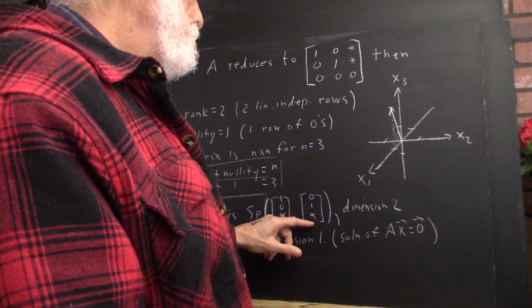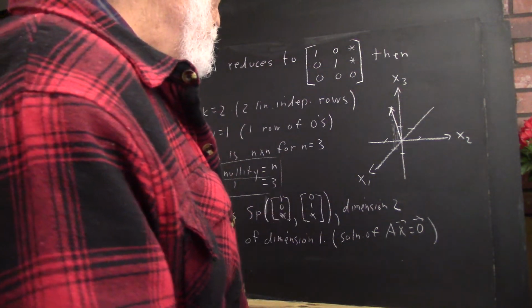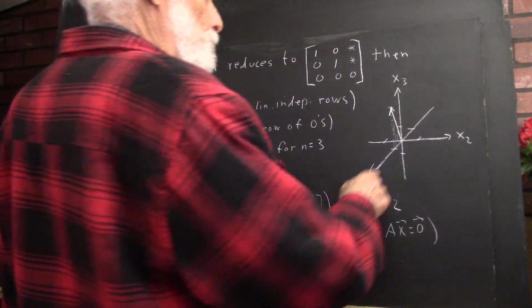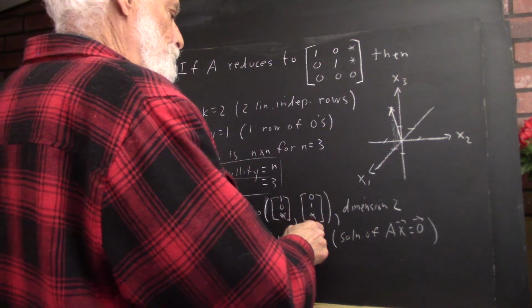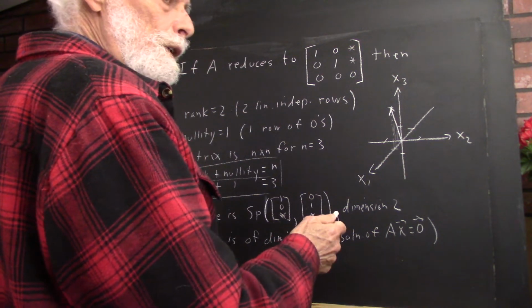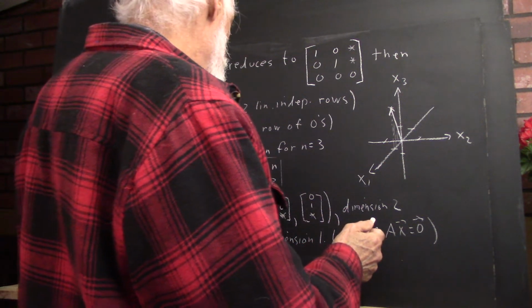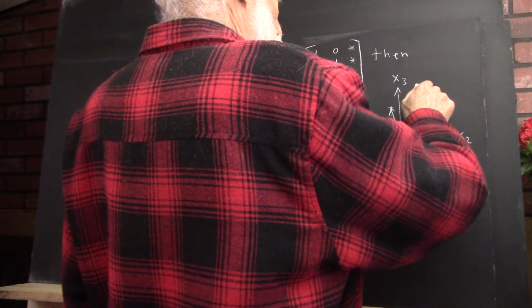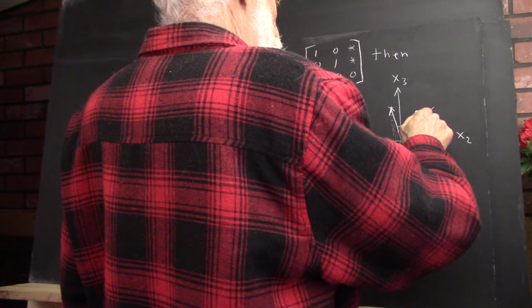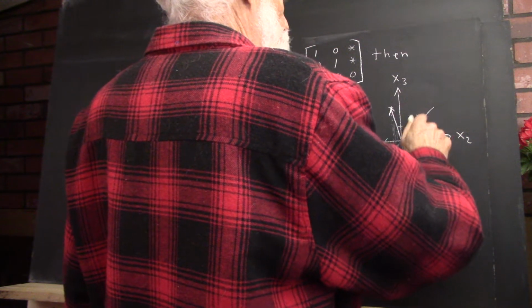0, 1, asterisk means that the x1 coordinate is 0, the x2 coordinate is 1, and the x3 coordinate could be any number. So for convenience, let's say that the x3 coordinate is such that the vector goes up to this point.